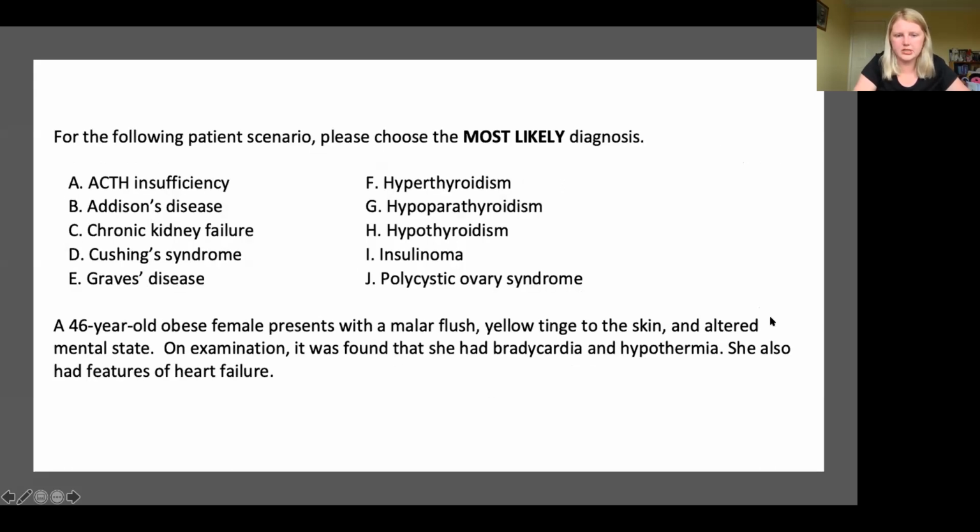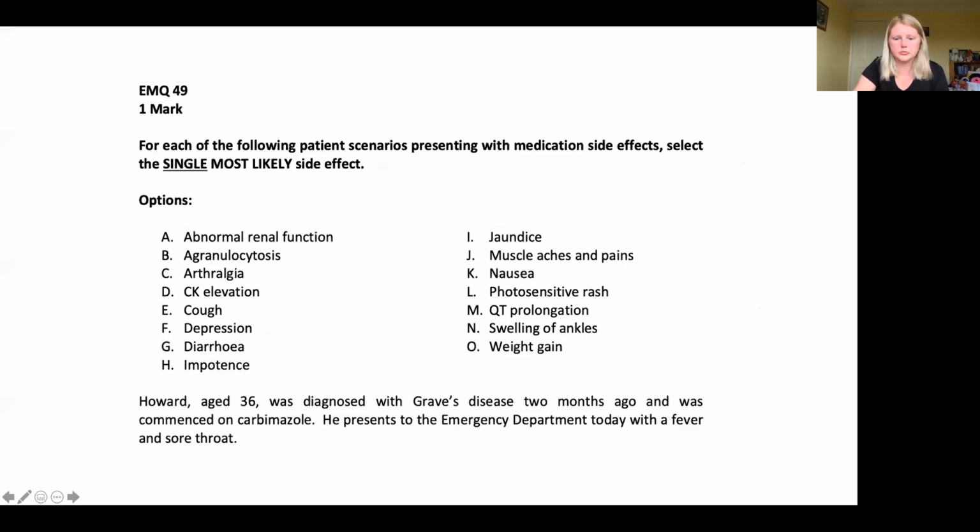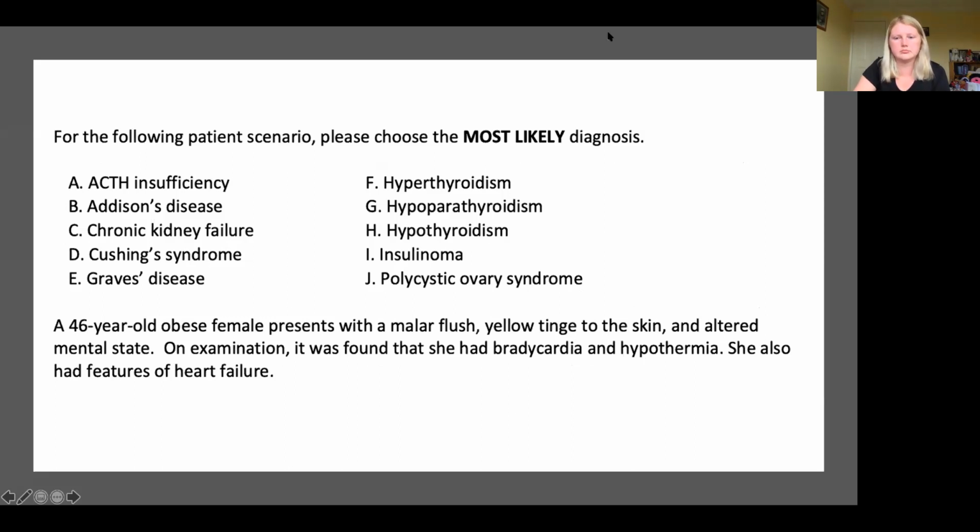Okay, and this one. Okay, good. Okay, so yeah, I've had a few people respond back, and this one is hypothyroidism.